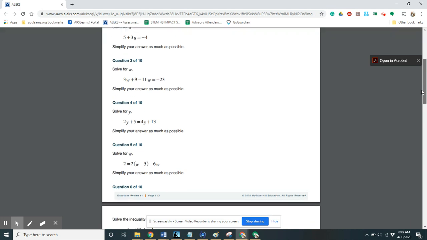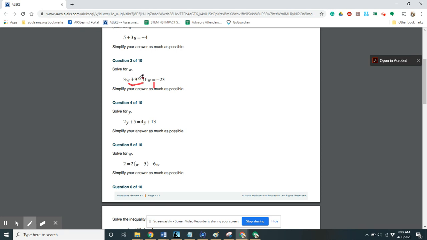Jumping to number 3, we're combining like terms. So the equal sign is here. So we have the two sides, the left side and the right side. Because the w's are both on the left side, this is where we combine the like terms. So you're just going to do 3w minus 11w.